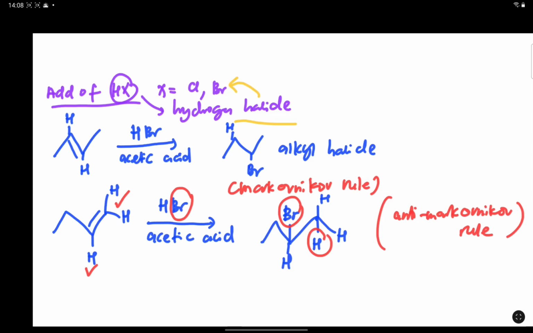It is opposite to the Markovnikov rule. Okay, for example here. But how to differentiate? When you ask me, madam, when will we follow the Markovnikov rule or when will we follow the Anti-Markovnikov rule?